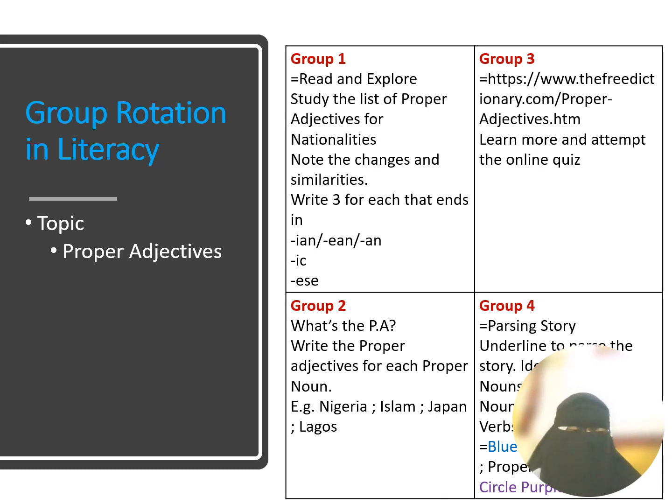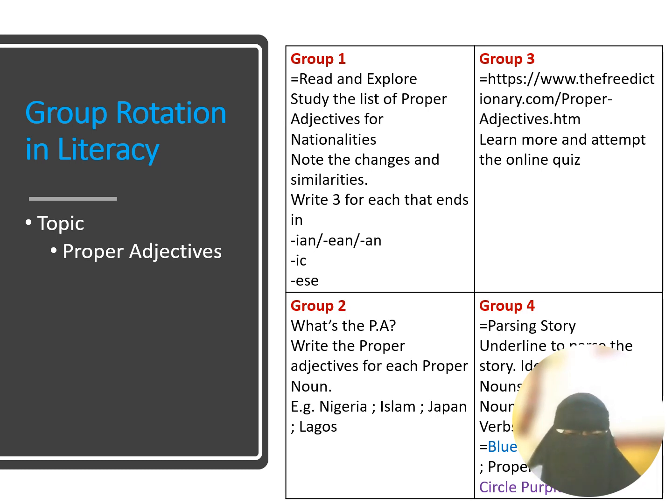For IAN, an example could be Ghanaian. Yes, Ghanaian ends with IAN. Then you could have Korean for EAN, and American for AN. So they can complete all the others as well.